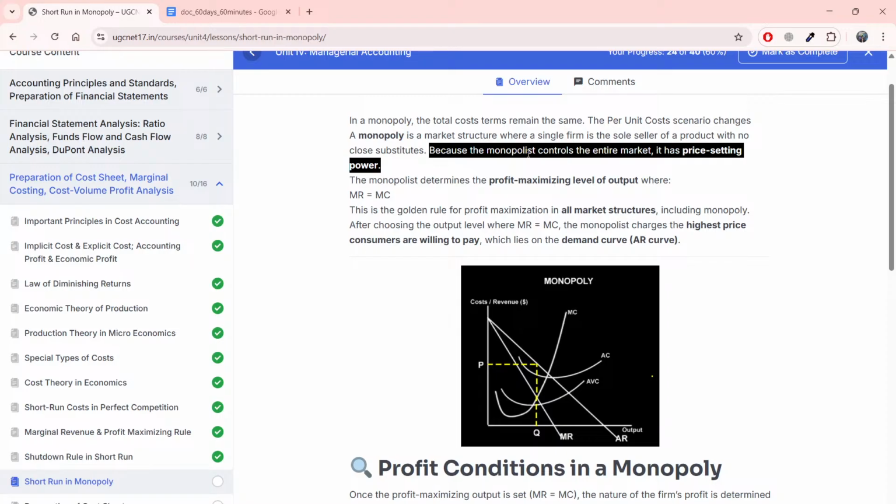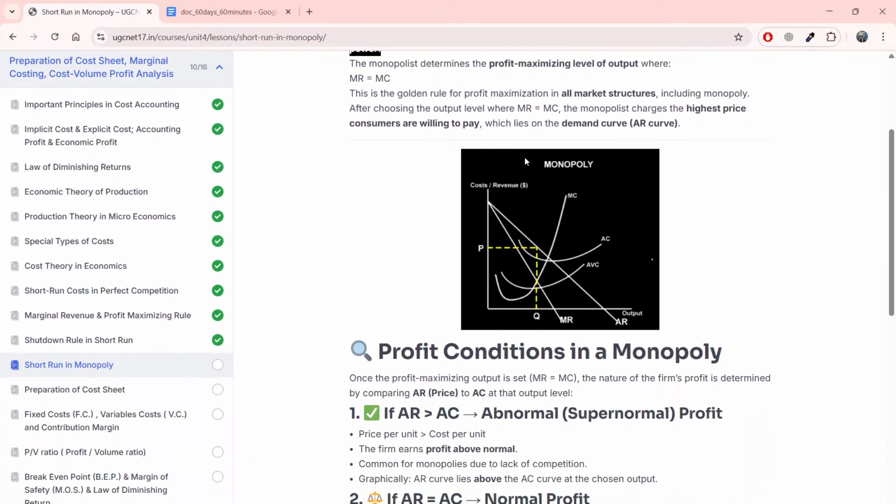Okay, profit conditions. Once the nature of the firm's profit is set, that means this point is set where MR is equal to MC.